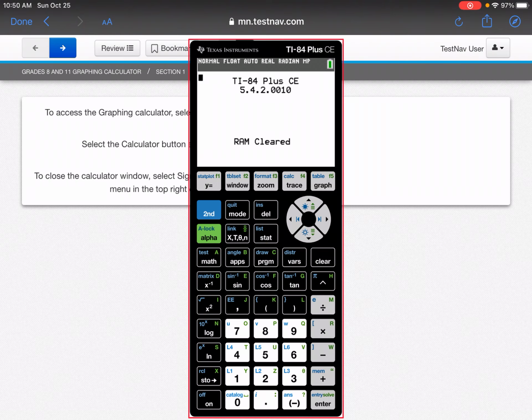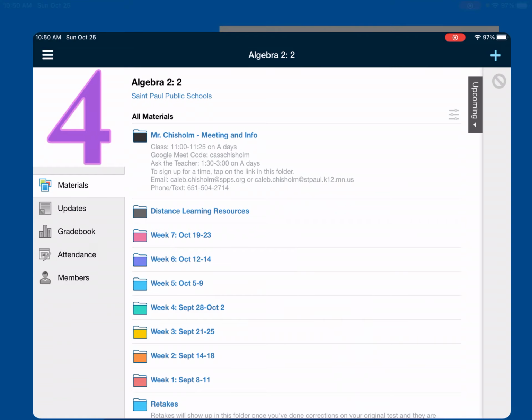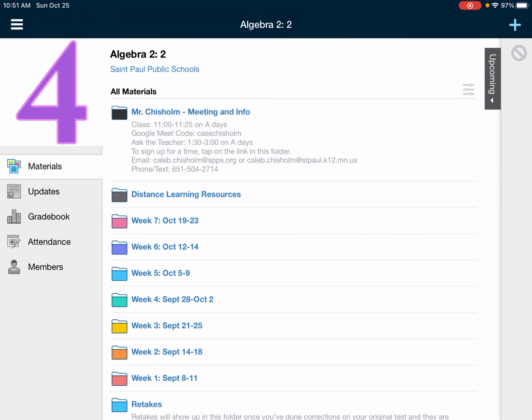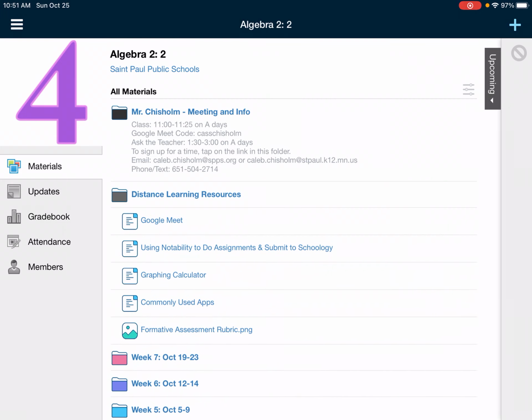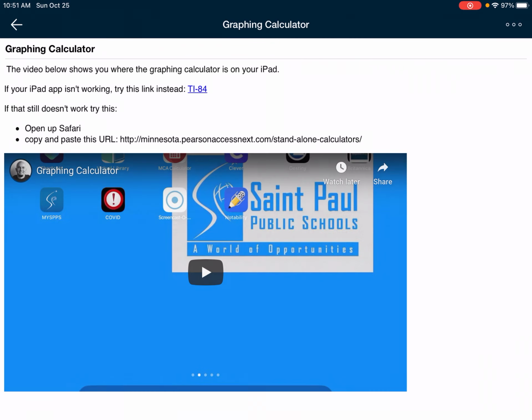Let's say you try to go to your app and it doesn't work real well. There's a couple other options that you can do, and I want to show you that here. If I go to Schoology and I go to either 4th period or 7th period, you'll notice near the top it says distance learning resources. In this folder, there's a link to Graphing Calculator, okay? So you can come in here.